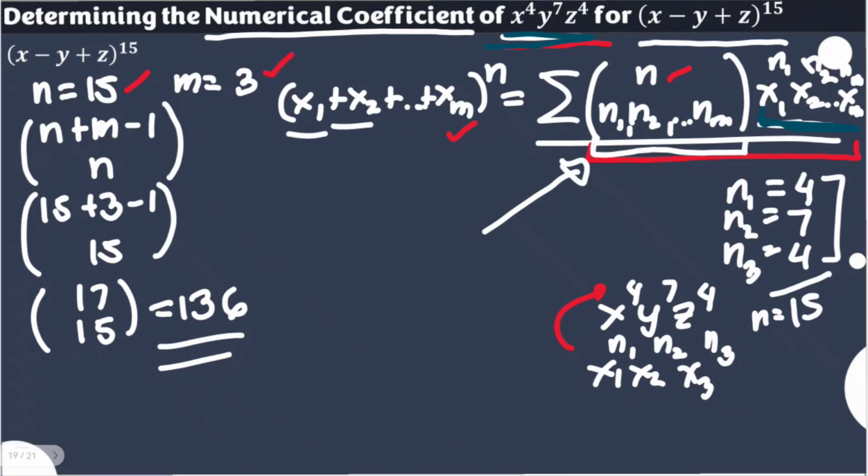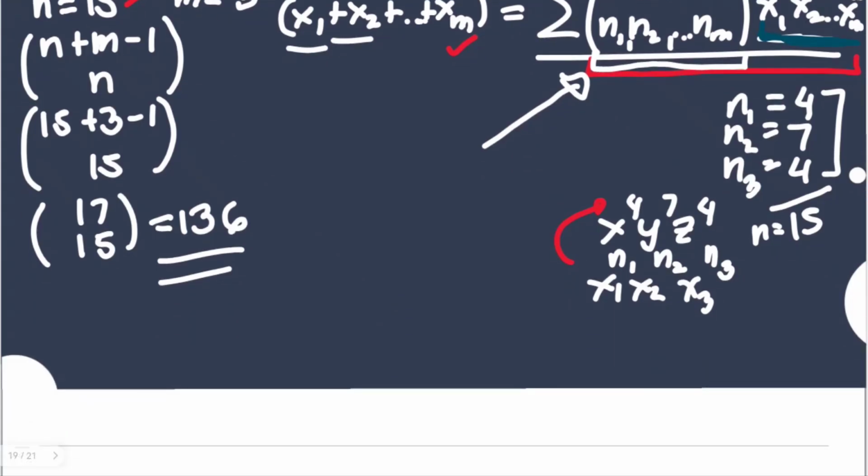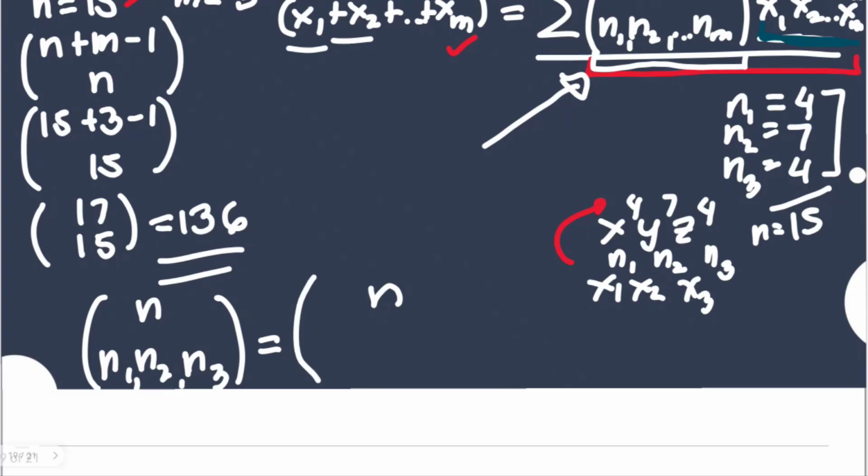That would mean you're going to invoke here n combination n sub 1, n sub 2, until n sub m, but since we only have 3 terms, you have n sub 3. Our n is already identified as 15, and you have here 4, 7, 4.